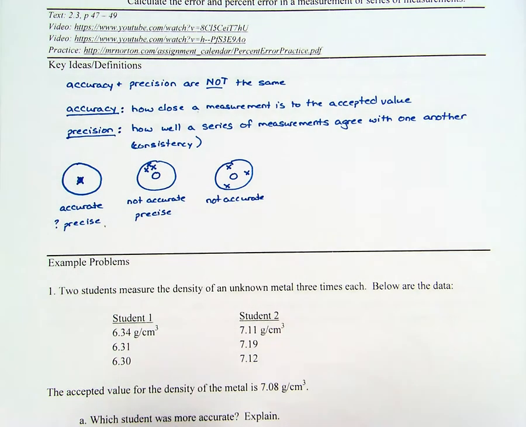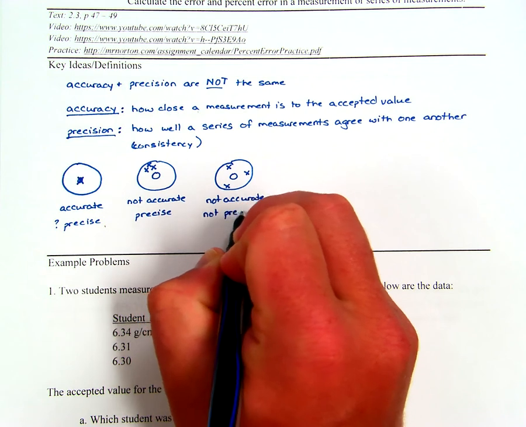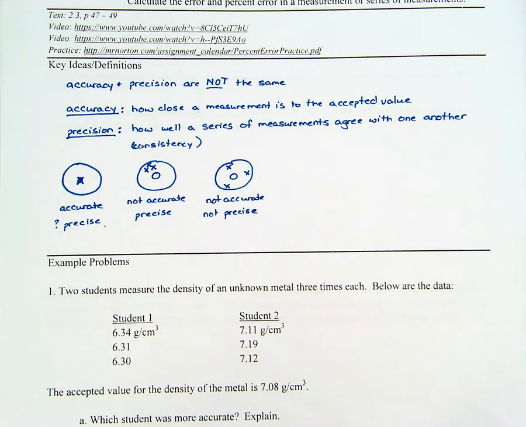It's also not precise because the measurements, if you will, do not agree with each other. Okay, this is most likely to happen if you're using very poor technique using a measuring device. So you do it differently every time. The fact that you don't have good technique leads to very imprecise results, also leads to very inaccurate results.